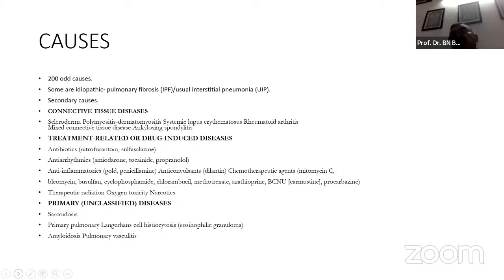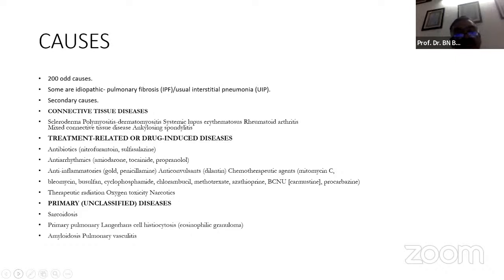Now, when we talk of interstitial lung disease, there are 200 odd causes. What we see as idiopathic interstitial pneumonia is only a small part of the large spectrum of interstitial lung disease. So the majority of these cases are secondary causes.